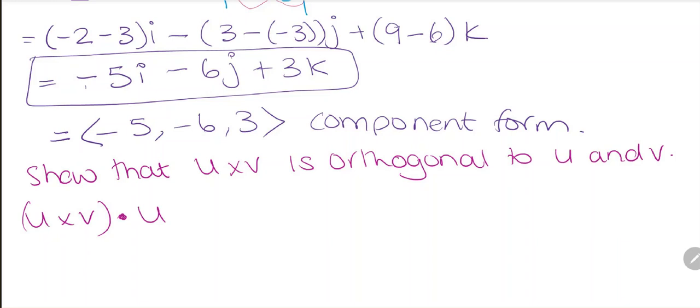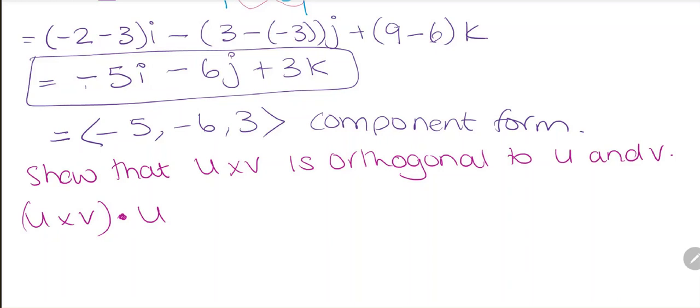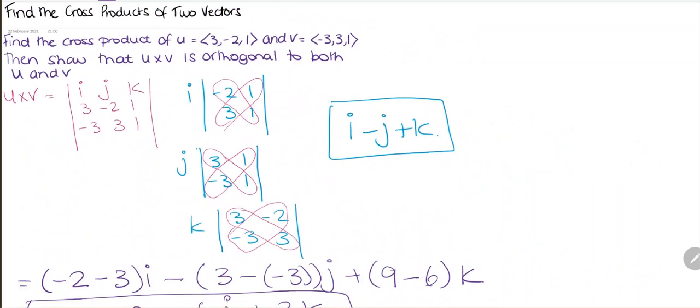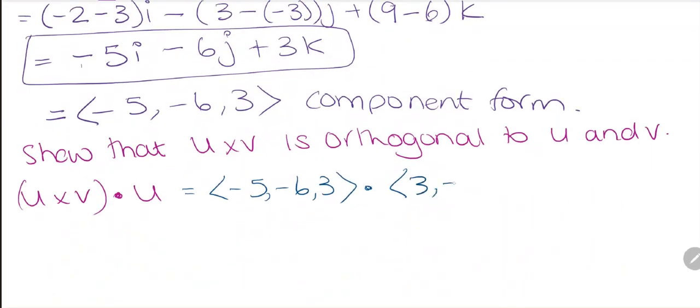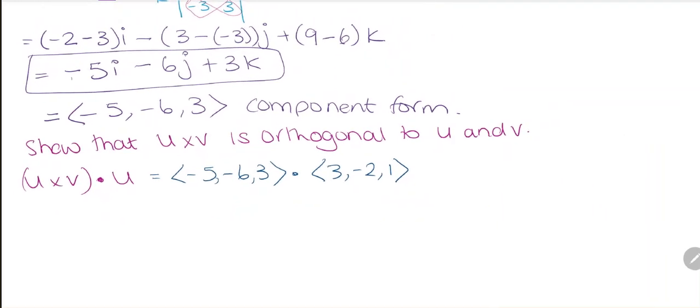So we're going to do that first. So I'm going to substitute in the values. So we've got what we just worked out: minus 5, minus 6, and 3 multiplied by u, which in the question we were given. So that's 3, minus 2 and 1. So we're looking for this to equal 0 to show that it is orthogonal.